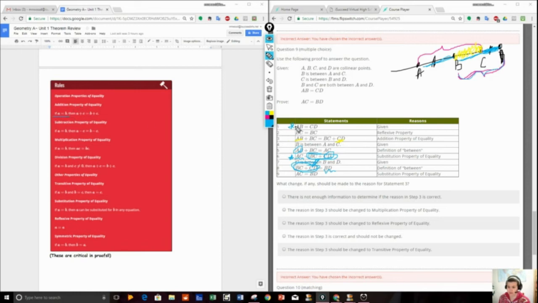If A equals B, well, AB equals CD. Then A plus this same thing is going to equal B plus the same thing. So is AB plus BC, are they adding the same thing to both of them? And then CD plus BC. Yes, since they added the same distance to it, it is the addition property of equality. And so the reason in step 3 is correct and should not be changed.